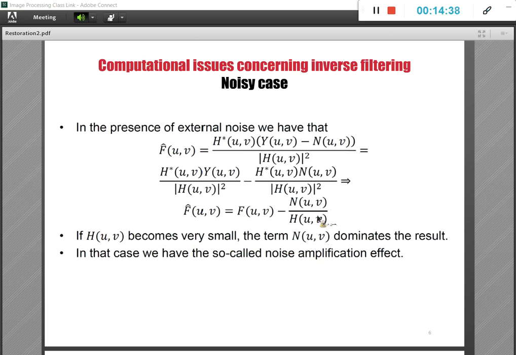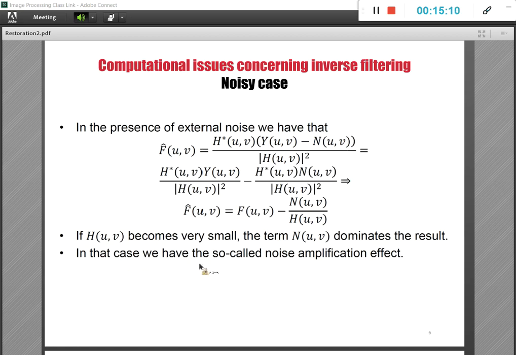Something over 0 is very large, and there is some deviation of F hat from F. If H is very small, this term is dominant, for example in low-pass filters and blurs.